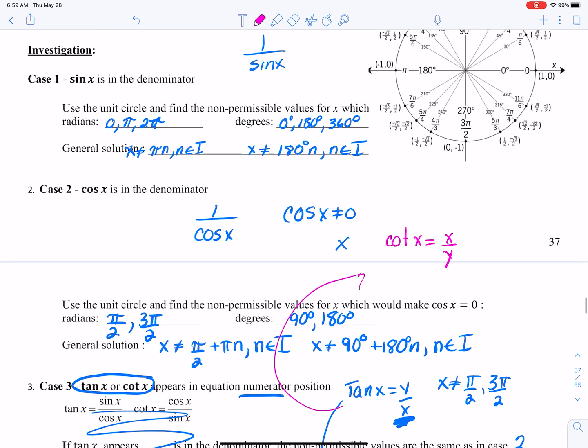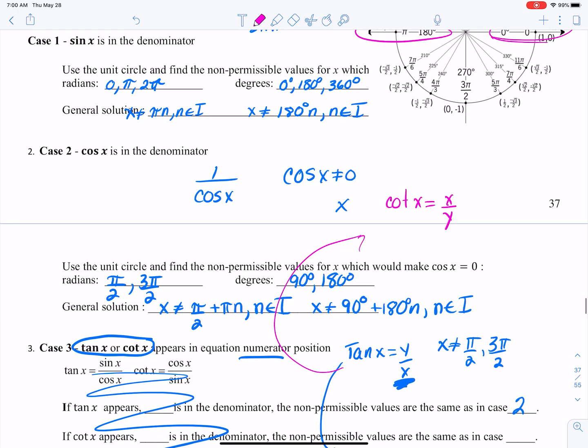So on the unit circle, we look at where y is equal to 0, and that's 180 degrees and 0 degrees, or pi and 0 and 2 pi. So my restriction here is x cannot equal pi n, the same as sine, and x cannot equal 180 degrees times n.